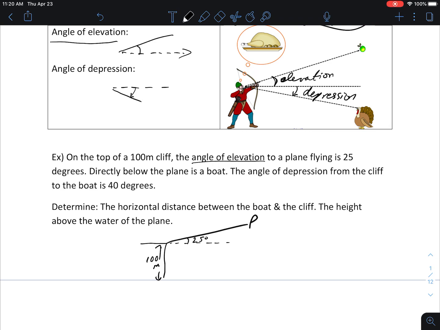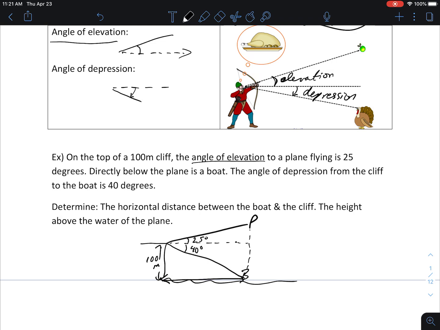The angle of elevation to a plane flying is 25 degrees. So I'm going to say this is 25 degrees, and I'm going to use the letter P for the plane. And directly below the plane is a boat. So presumably this is some water down here. And the angle of depression from the cliff is 40 degrees. There we have it.